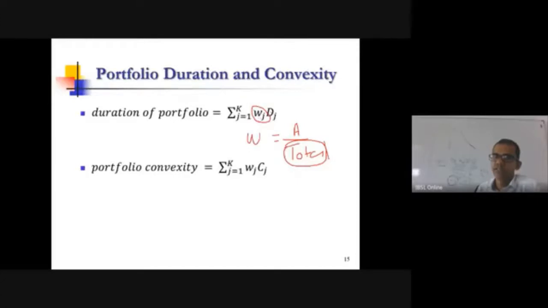So for each and every bond, we calculate the weight and the duration, then calculate the weighted average. Weight multiplied by the duration, add them together. That is the duration of the portfolio. Convexity is also the same. We calculate the convexity for each bond, multiply by the weight, and add them together, and you get the convexity of the total portfolio.